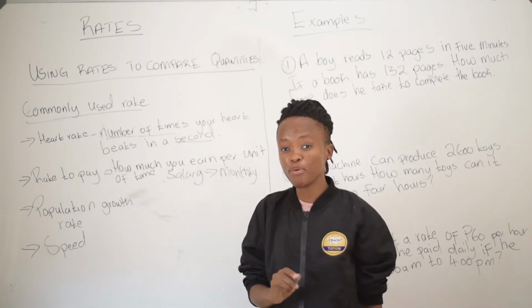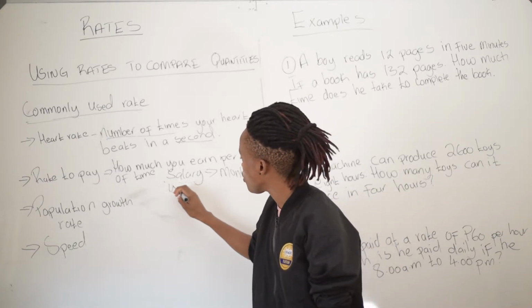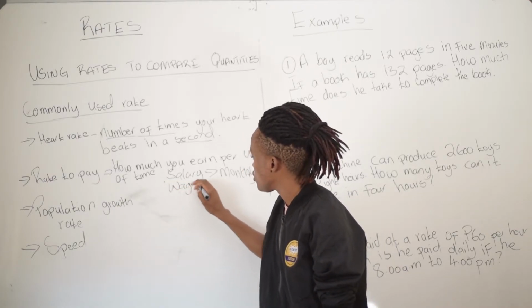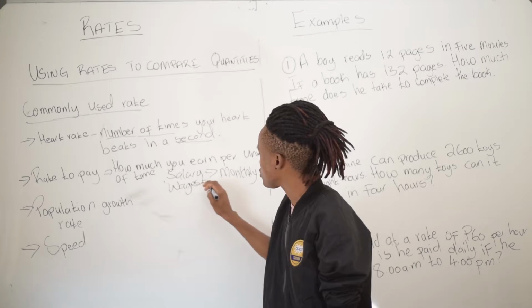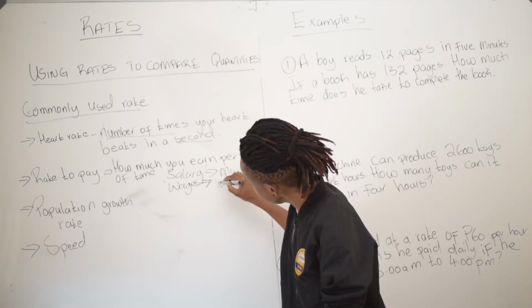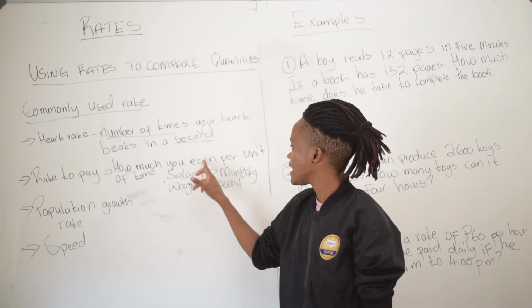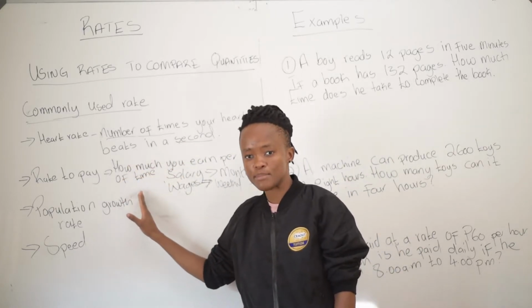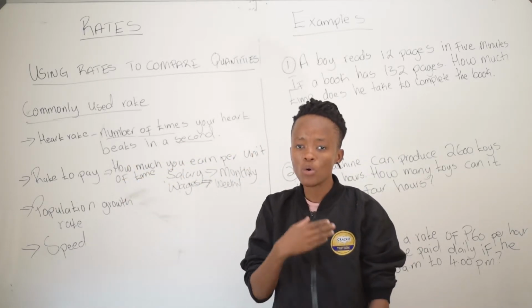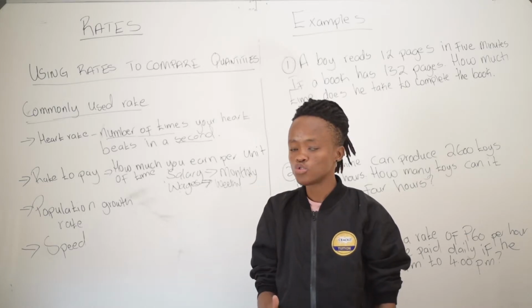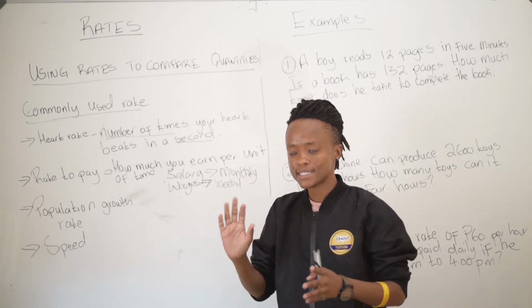And then we have people who earn what you call wages. Wages is money given to workers weekly. So when you say how much you earn per unit of time, some people earn per hour, weekly, monthly. So we are comparing that with time.